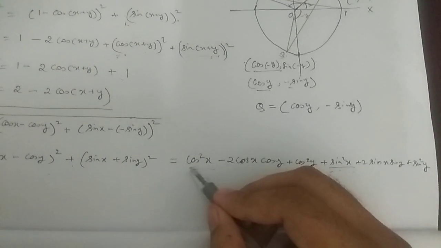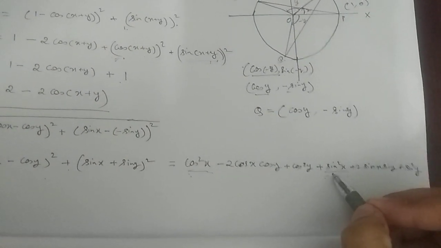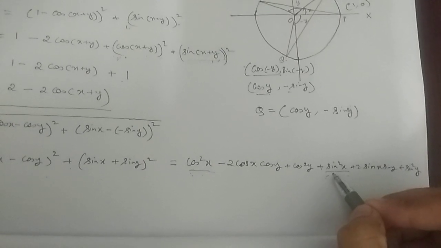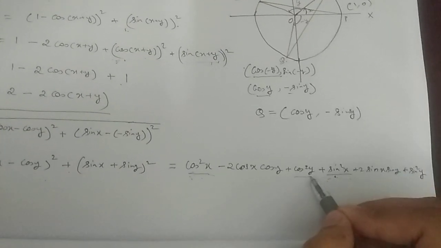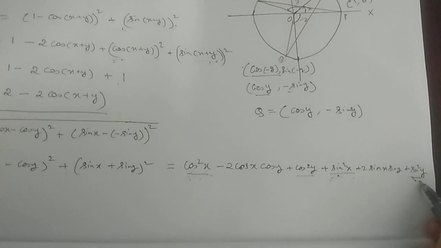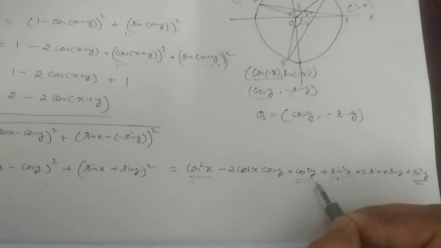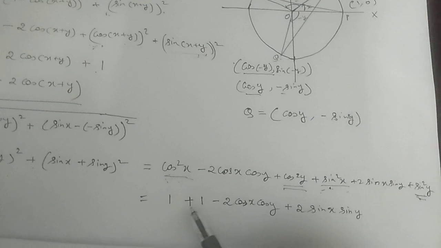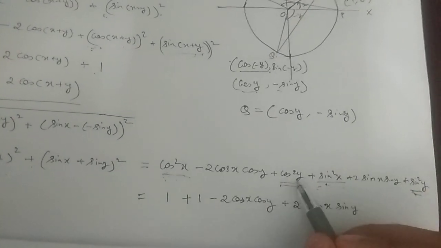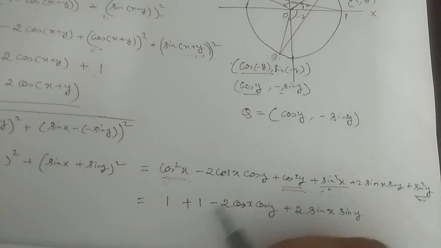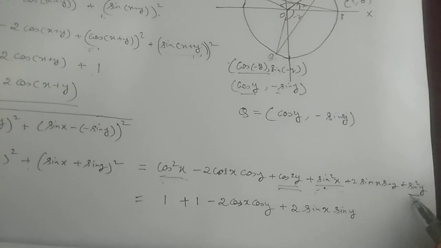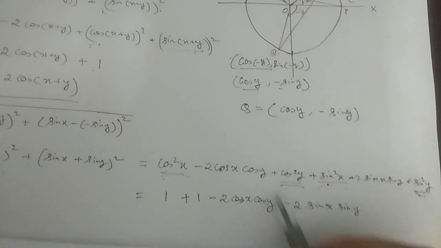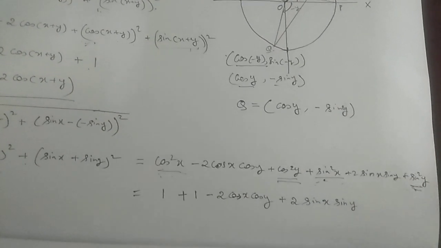Again, that basic identity of trigonometry, cos square x plus sin square x will become 1. Similarly, cos square y plus sin square y, these two also will become 1. Thus we get 1 plus 1, 1 for this cos square x sin square x, and this 1 for cos square y and sin square y, minus 2 cos x cos y plus 2 sin x sin y.